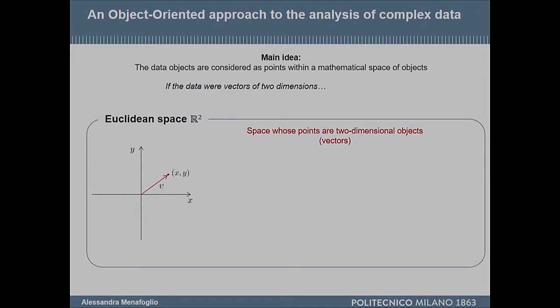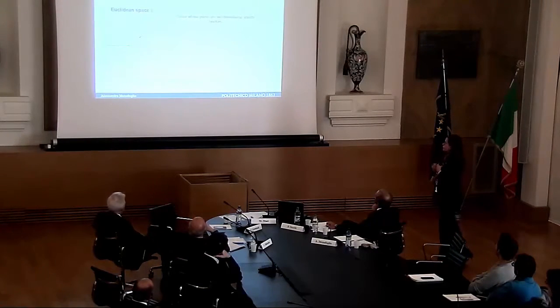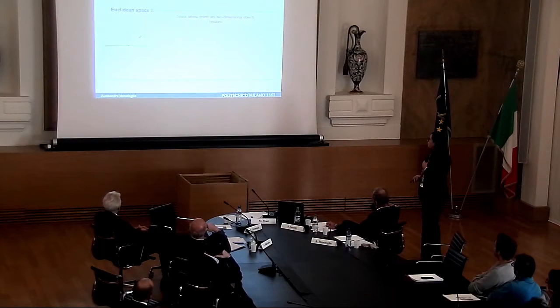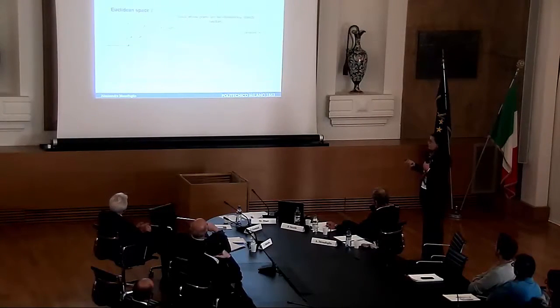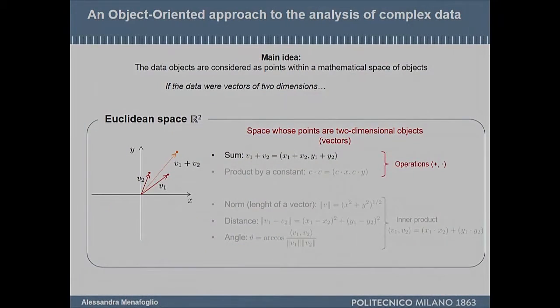Now, if we had to deal with data that are vectors of 2 dimensions, we could use a usual Euclidean space, R2, where the points are 2-dimensional. Now, in this space, we are able to make operations, and we are able to measure distances, angles, and lengths of vectors.